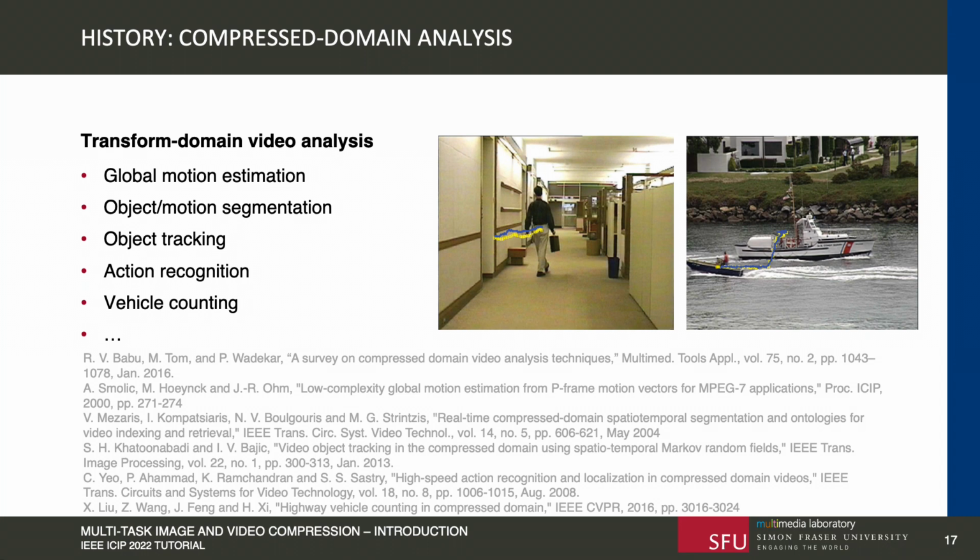That would be the person in the left image and the little boat in the right image. And the blue lines show the estimated tracks based on motion vectors and syntax elements. And you can see that these tracks match fairly well, indicating that things like motion vectors can be quite useful in doing transform domain video tracking.